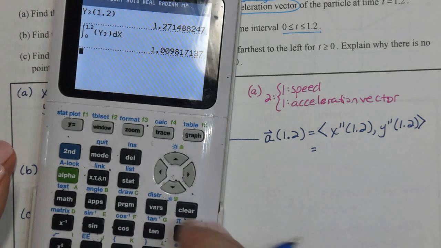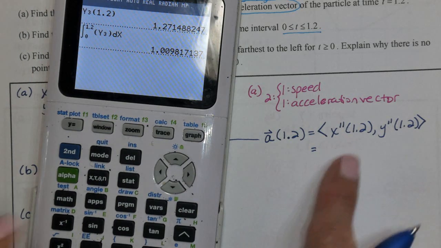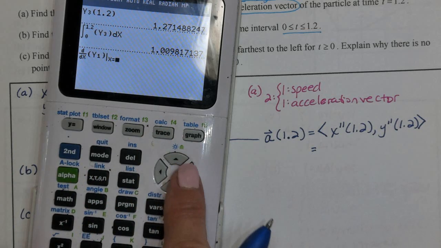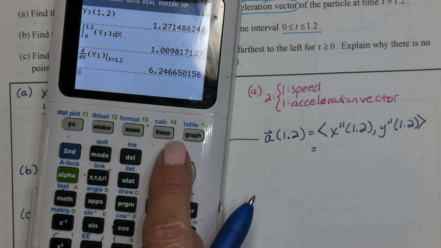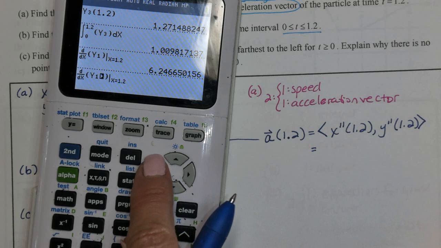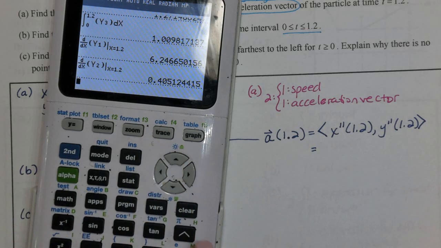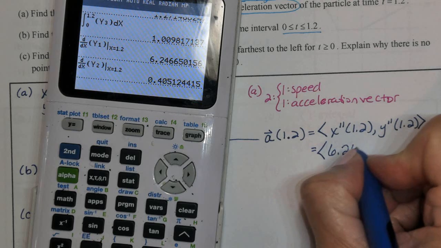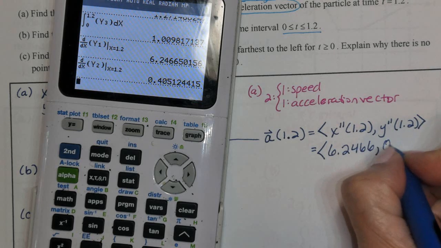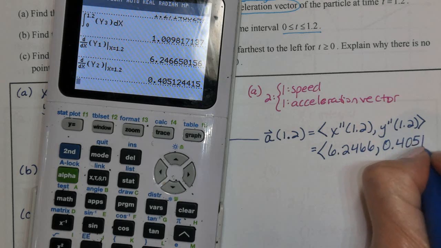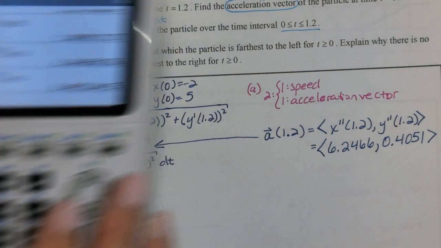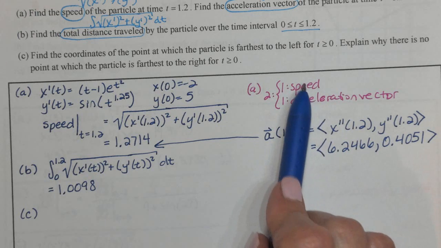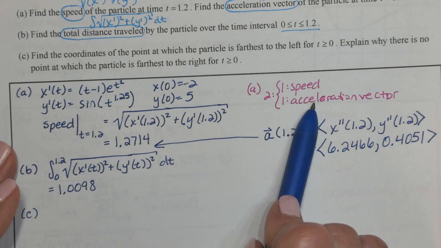So that's going to be math 8 of y1 at time 1.2, and then of y2 at time 1.2. So 6.2466, 0.4051. At least 3 values after the decimal point. Okay, so 1 point for speed, 1 point for the acceleration vector.